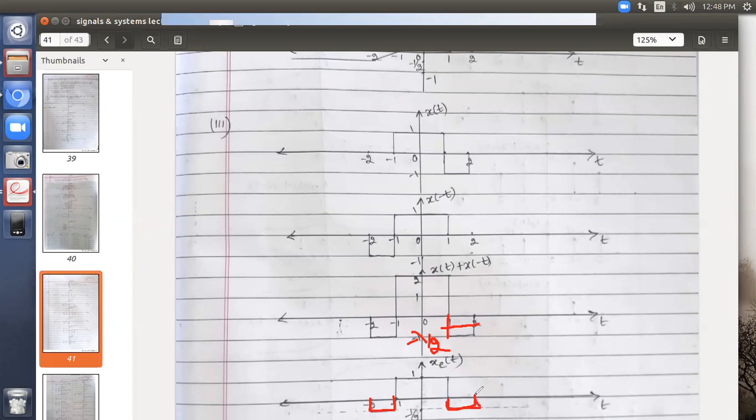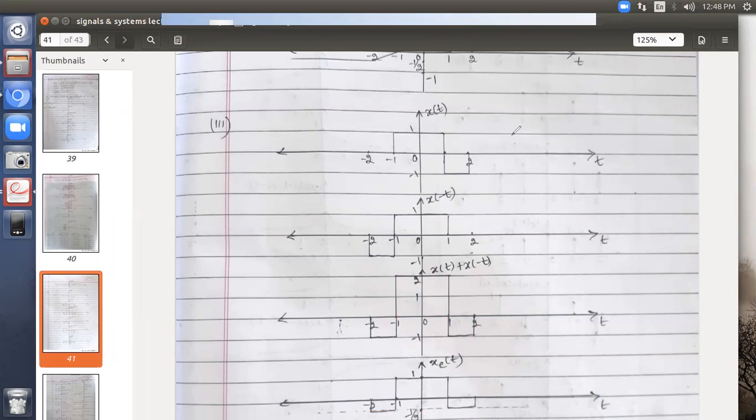I have drawn only half, and that is minus 0.5. Then the amplitude here is 2. Divide the amplitude by half: 2 by 2 will be 1. So this complete pulse whose amplitude is 2 now has amplitude 1. This is how the even part of the signal x of t is drawn.